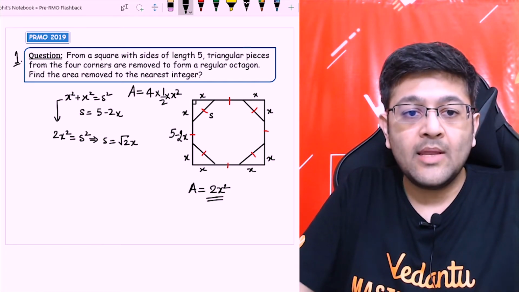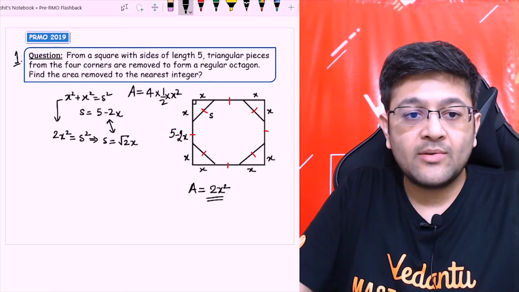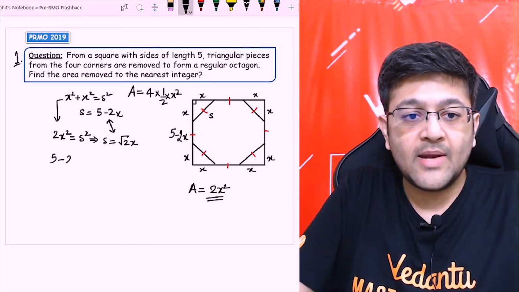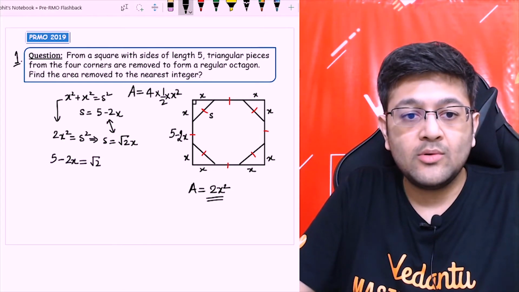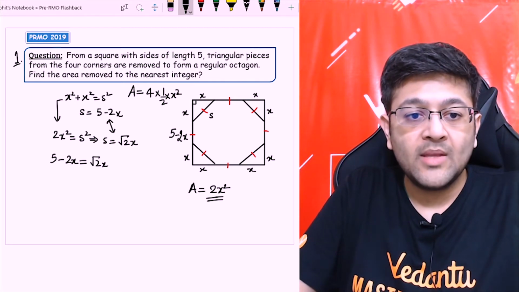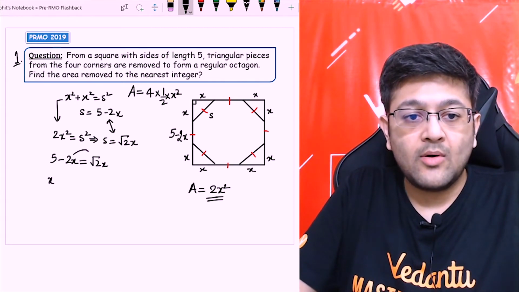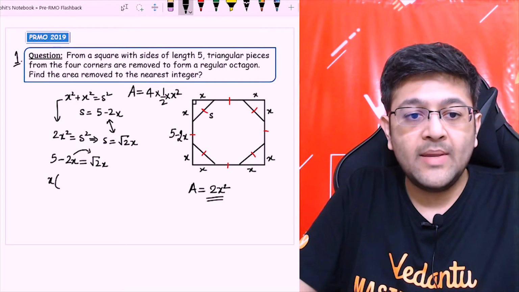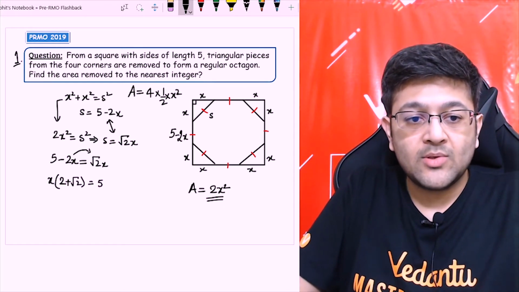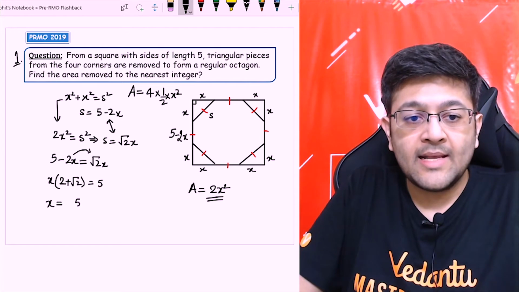Now I can equate these two expressions, for which I will get 5 minus 2x is equal to root 2 x. So let's take all the x terms to one side. x times (2 plus root 2) is equal to 5. So x, I can write as 5 upon 2 plus root 2.